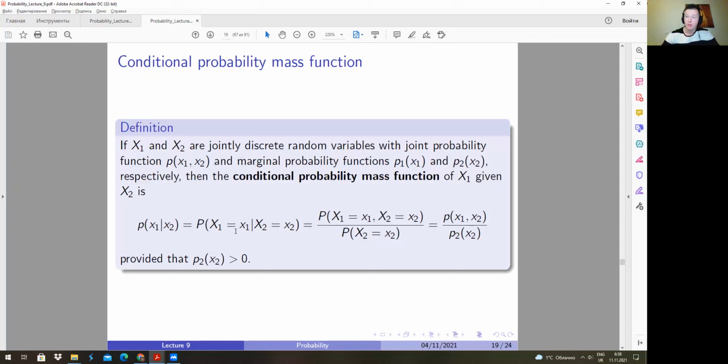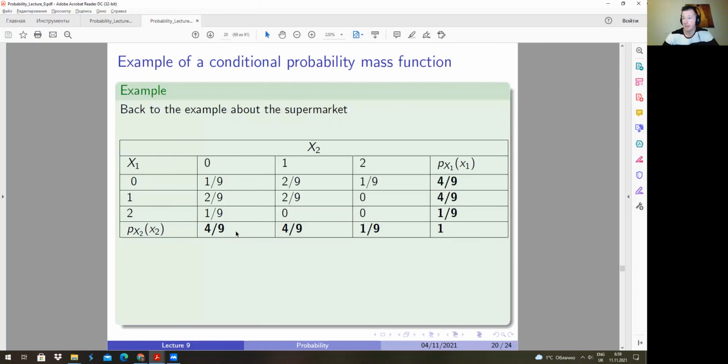Basically, these concepts of conditional probability and marginal probability are used as fundamental things in the courses of statistics and econometrics, because, as I started with this, the first slide was about it. When we are trying to establish some relationship between two variables, we are using exactly joint distributions, and that's why the concept of joint distribution is going to be used through the whole sequence of these data analysis courses.